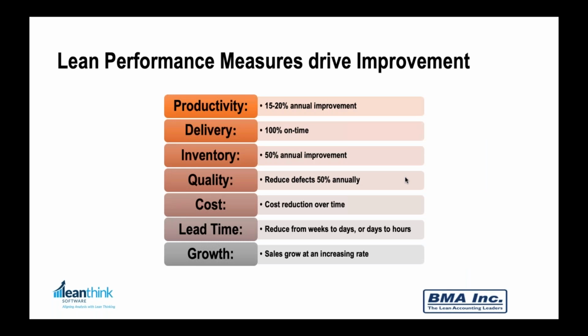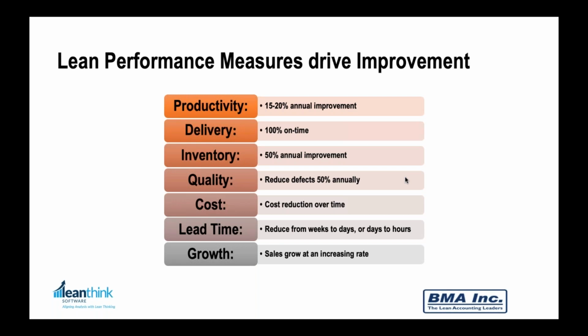The first are lean performance measurements. This combination of measurements really is necessary in a lean organization because it's going to give you an idea of the progress that lean makes. And this combination of measurements really works well in a lean organization.